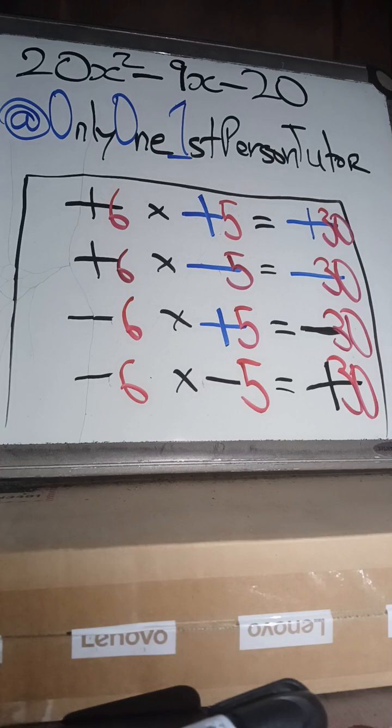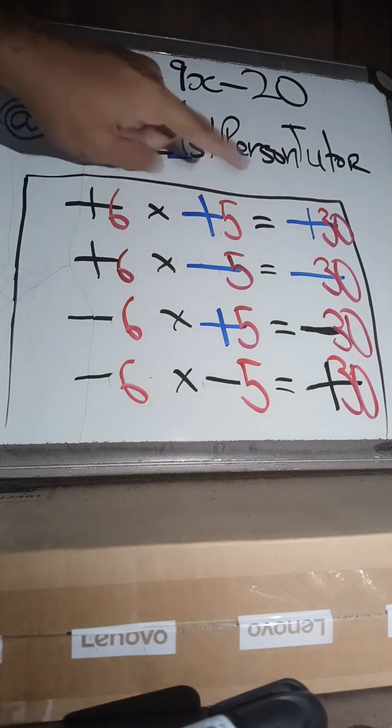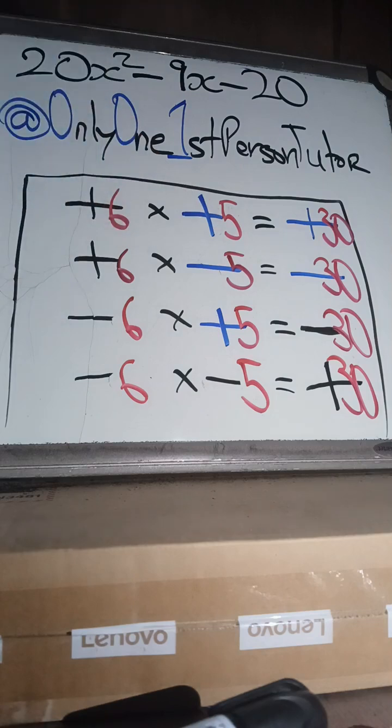So sometimes it's good to get the visual of it, so that when you apply it to the numbers, it actually makes sense, right? Since you know what the outcome would be beforehand, you can focus on what the sign is going to be, and then of course the numbers are not going to change. 6 times 5 is always 30.